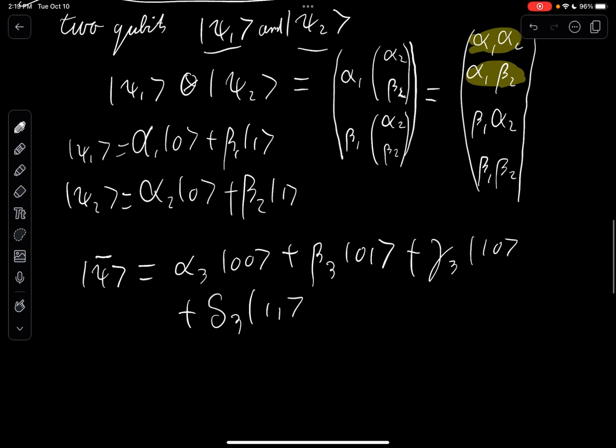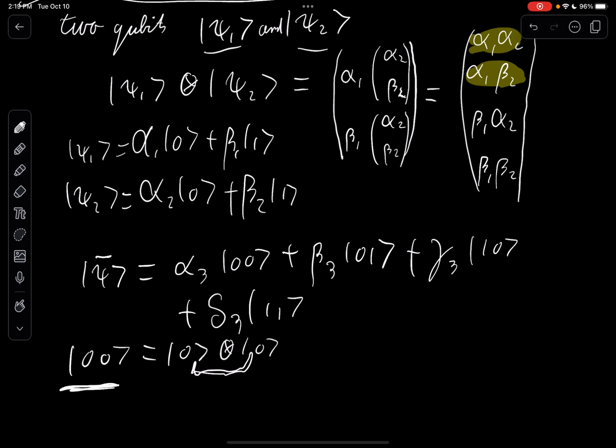I forgot to introduce some notation. When I write something like |00>, it's really just shorthand for |0> tensor |0>. But I don't want to write down the whole thing the whole time. So that's why I just write down this thing here on the left.